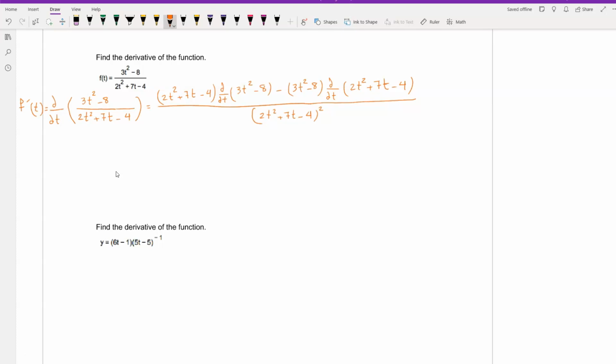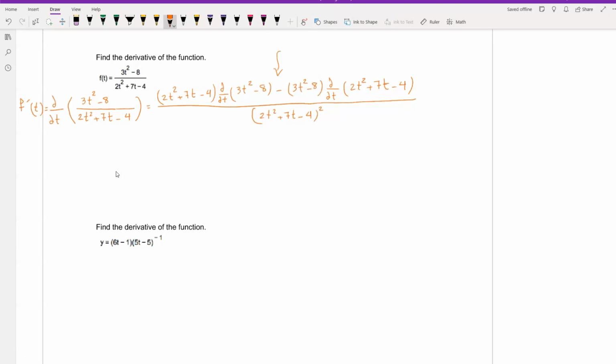Then subtract, so here we have subtraction, so minus what we have in numerator, 3t squared minus 8 times derivative of denominator. And the denominator is 2t squared plus 17 minus 4. And finally, what we're going to have here in the denominator is 2t squared plus 17 minus 4 squared.